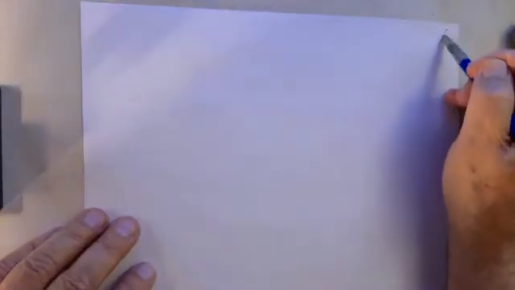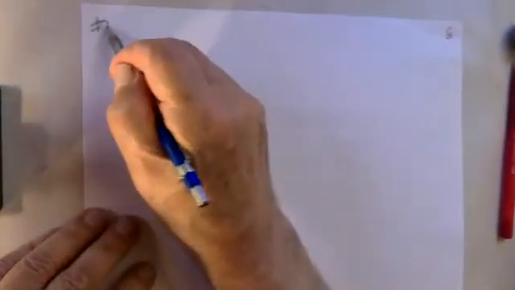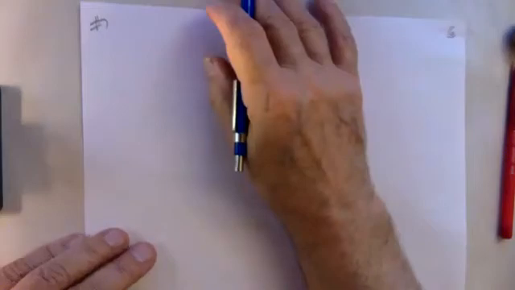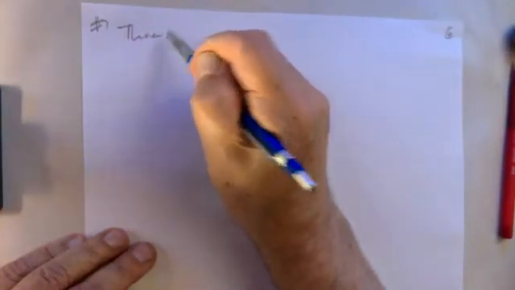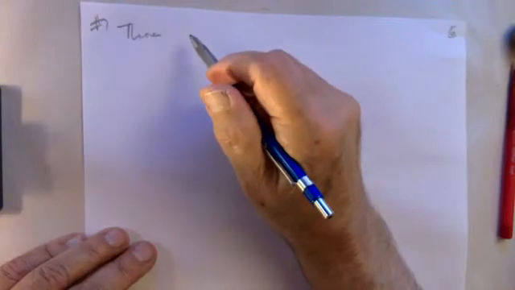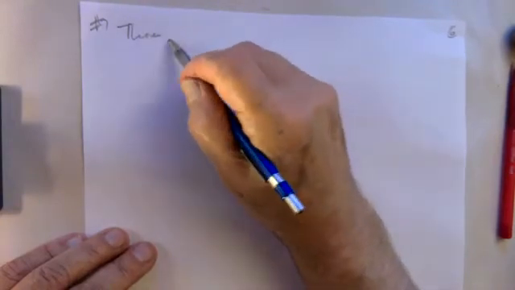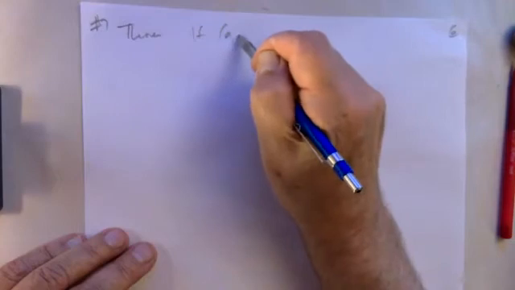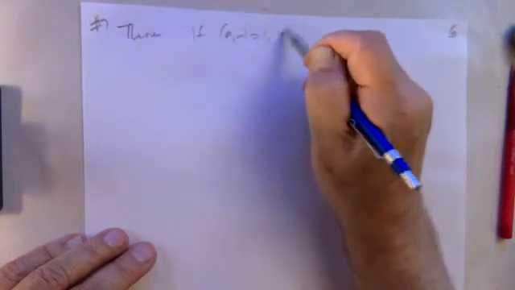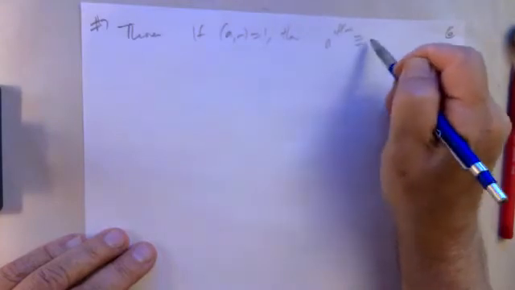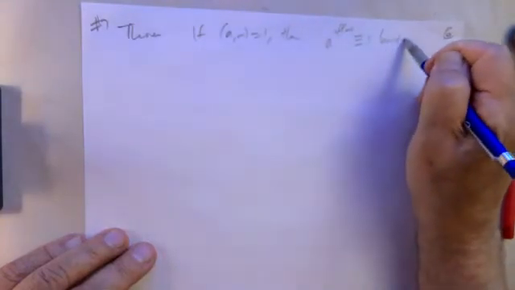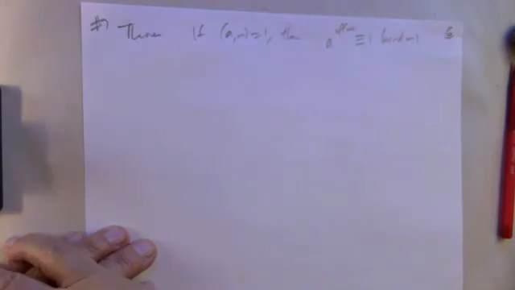So question 7, the Euler-Fermat theorem states that if a and m are relatively prime, then a to the power phi of m is congruent to 1 mod m.